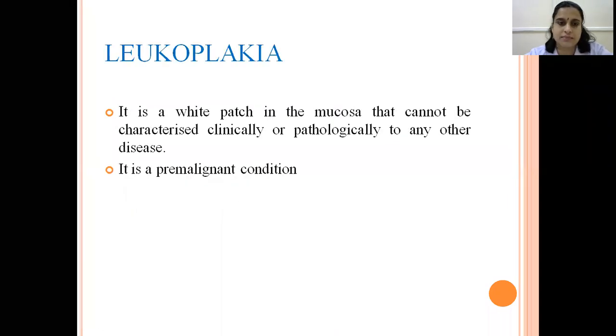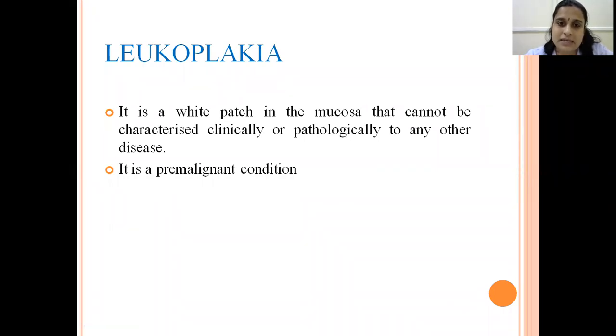Now, coming to the other important topic in the oral cavity, leukoplakia. Again, this can be asked to you as a 4-mark question. What is leukoplakia? It is a white patch in the mucosa which cannot be characterized clinically or pathologically as any other condition.